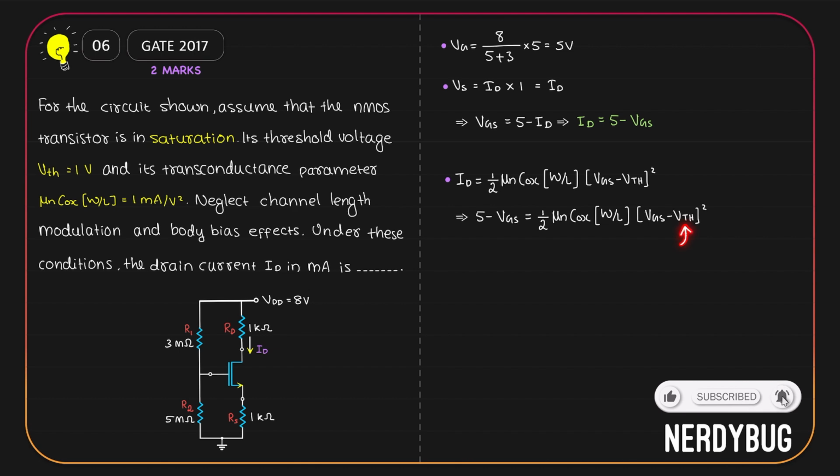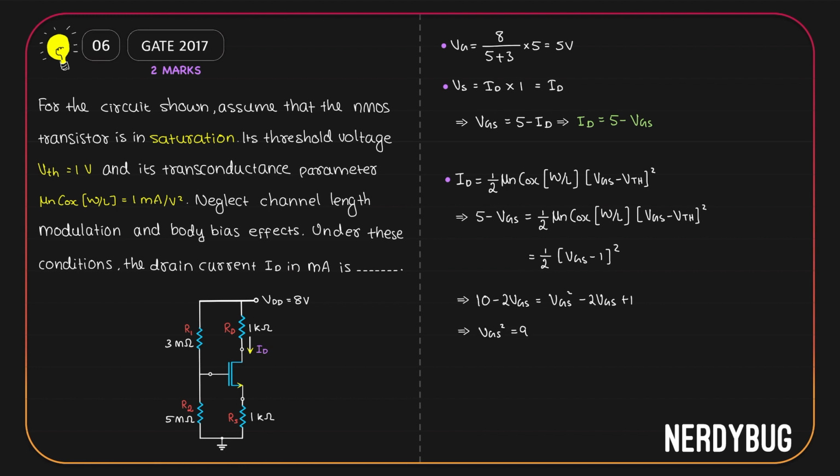VTH is also given. So substituting the values, we get this. 5 minus VGS is half of (VGS minus 1) whole square. Solving the quadratic equation, we get the value of VGS. It is 3 volt. But ID is 5 minus VGS, so ID is 2 milliampere. The final answer is 2.